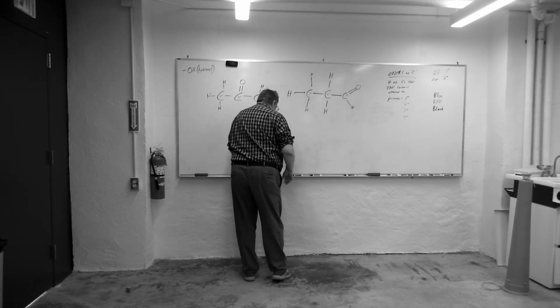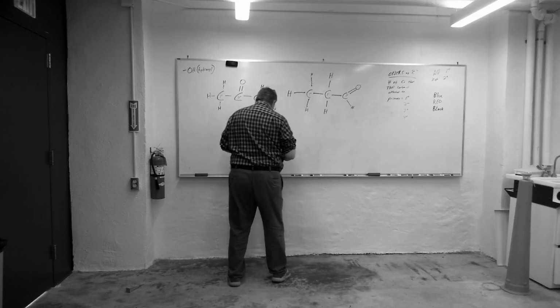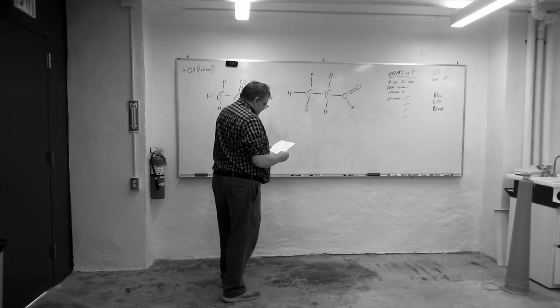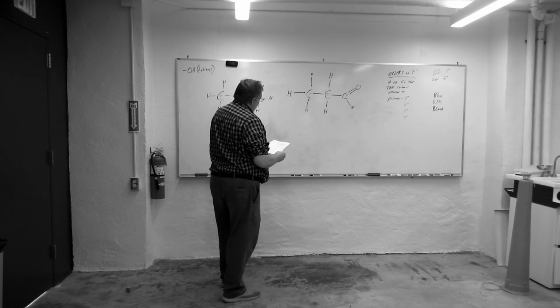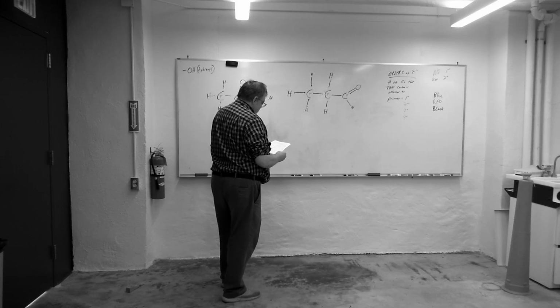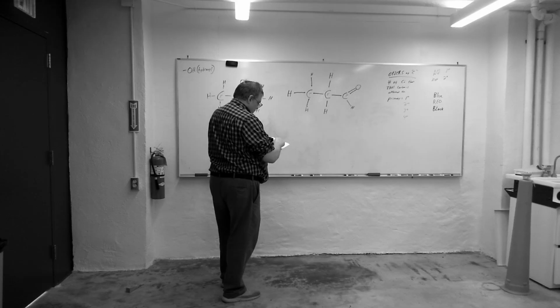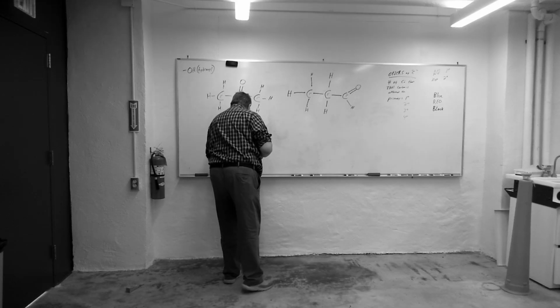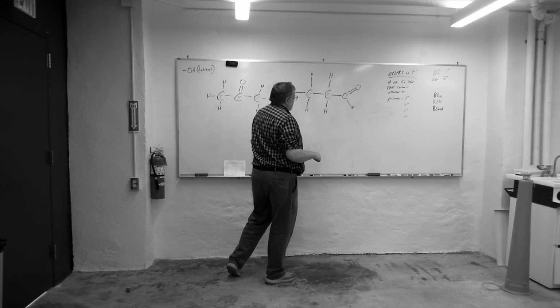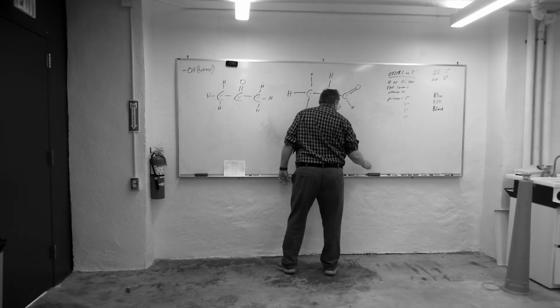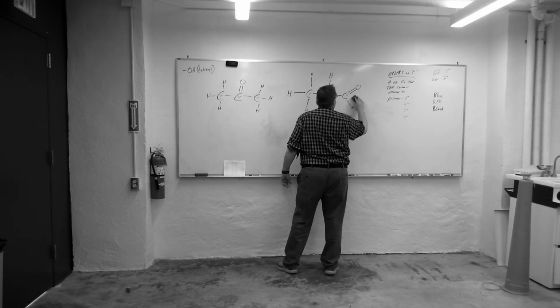So how many more things can I do with oxygen? Okay, very similar. So that's all the things I can do with a single carbon, or at least all the ones that show up in chemistry. There's another functional group.